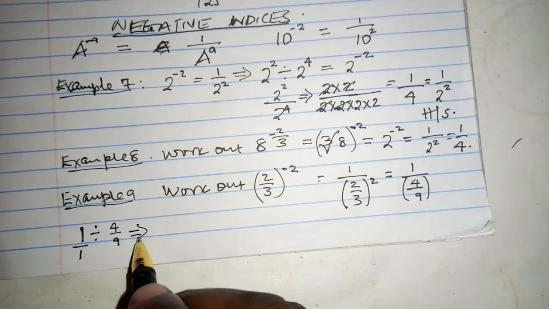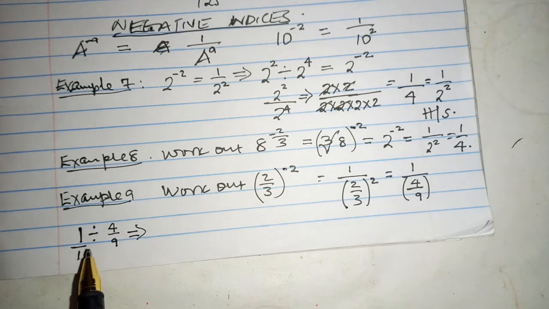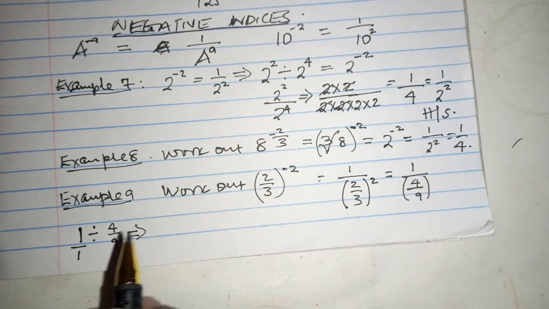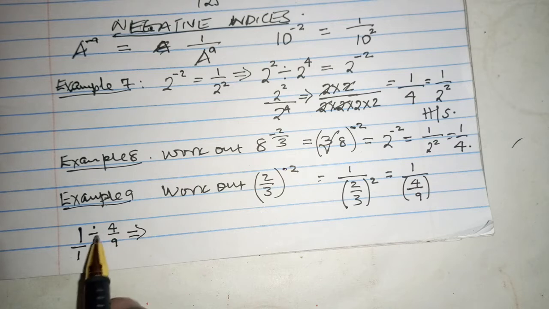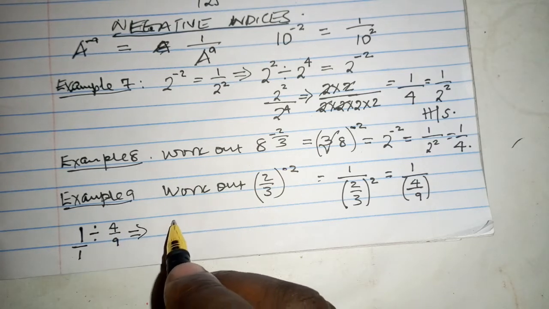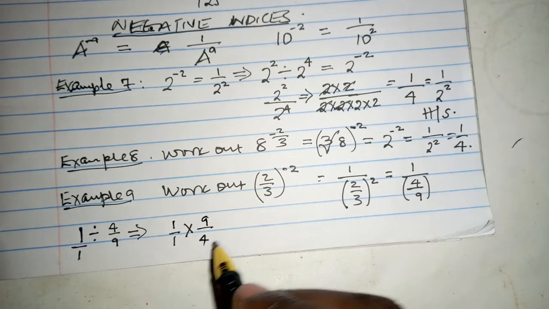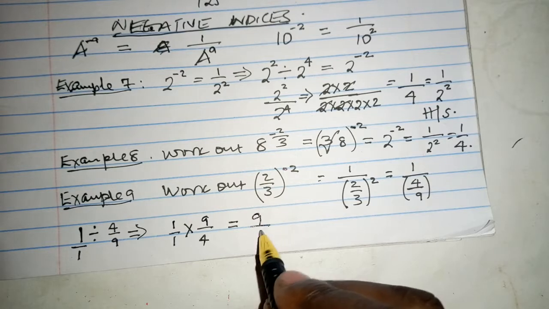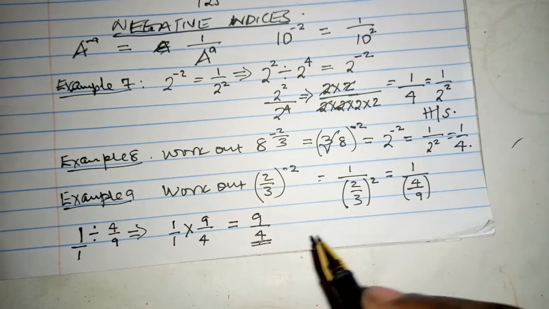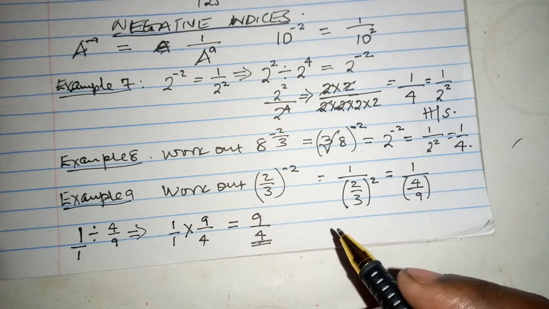And the moment we get here, we must remember that anytime we divide by a fraction, we can as well multiply by the reciprocal of the divisor, which is 1 over 1 times 9 over 4, which is easily 9 over 4. And that is the solution to that particular example.